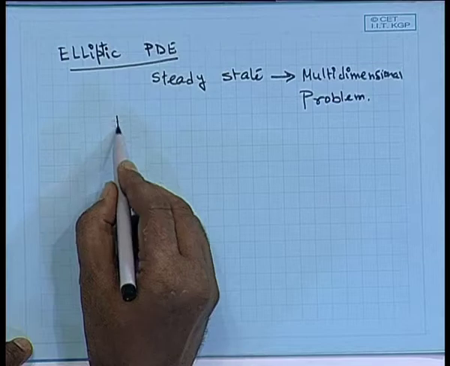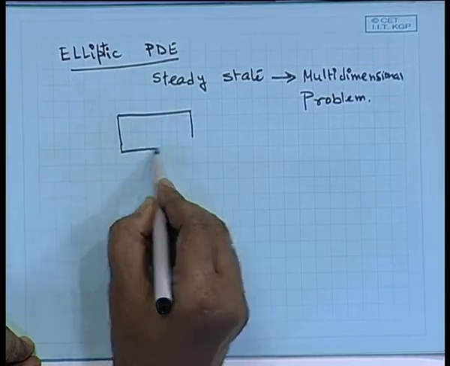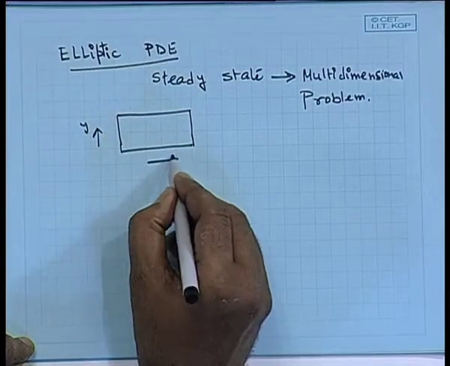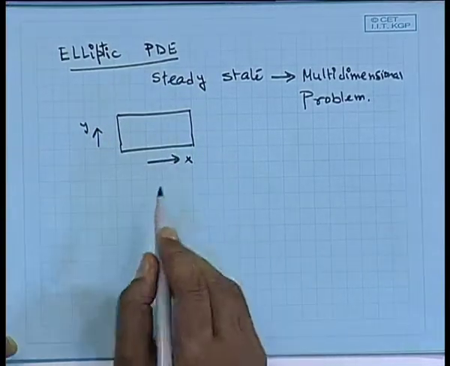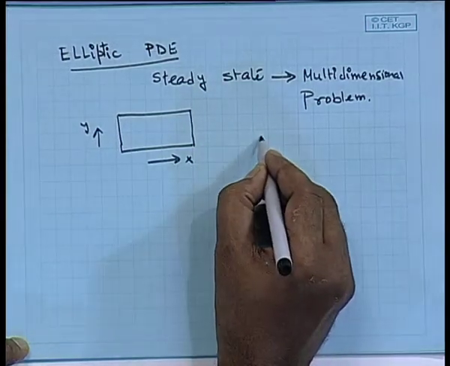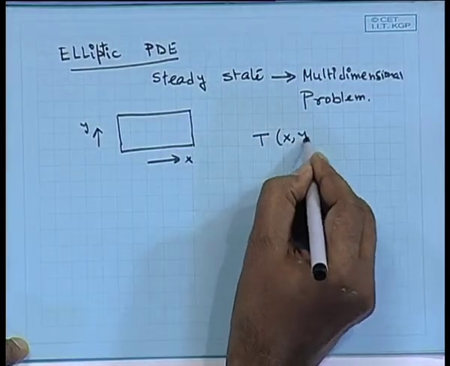Suppose you are having a block, let us say in 2 dimensions, this is y, this is x, and you have heat conduction under steady state. You would like to find out what will be the temperature profile as a function of x and y.